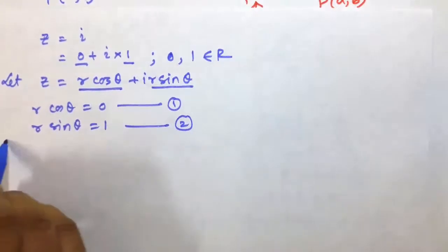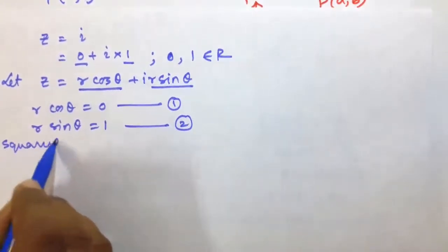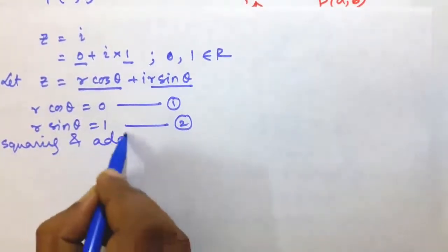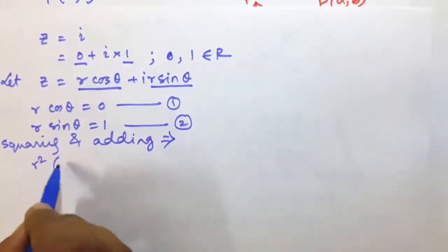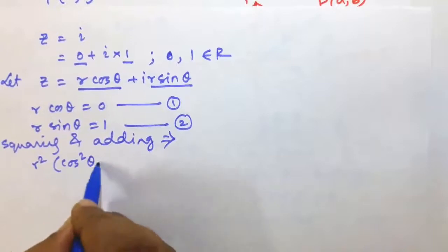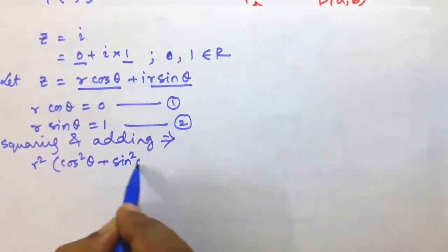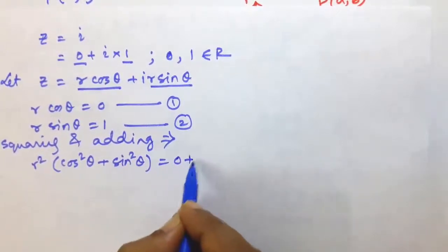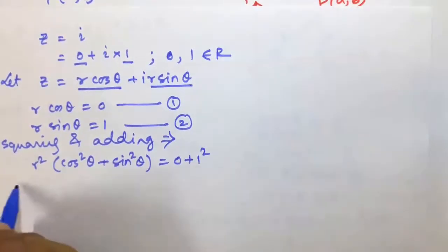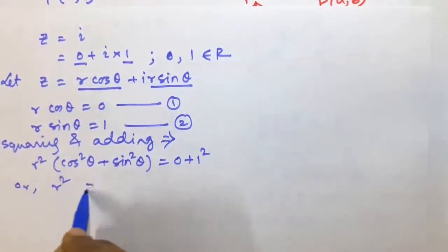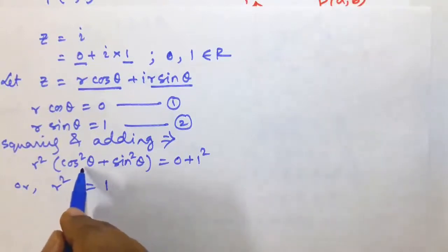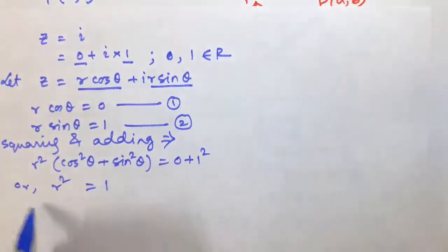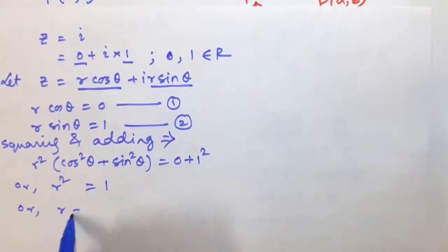Now squaring and adding, we find r square into cos square theta plus sin square theta is equal to 0 plus 1 square, or r square is equal to 1, because sin square theta plus cos square theta is equal to 1, or r is equal to 1.